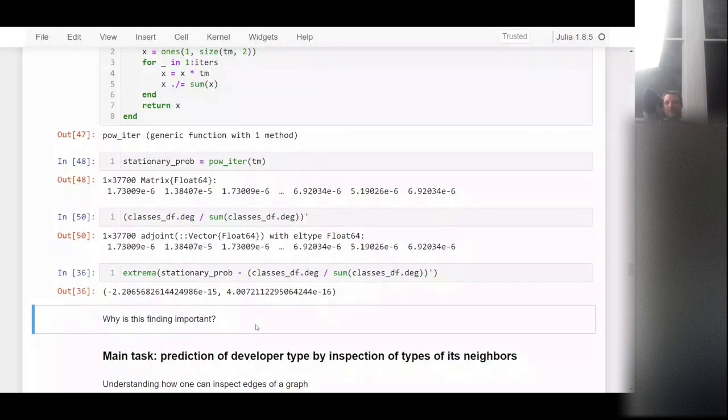If you are a business, why would it be relevant to you to know that pretty fast I will reach those high degree nodes when I randomly travel a network? Is it important, you think, or not? Yeah, it seems it's important, but why?